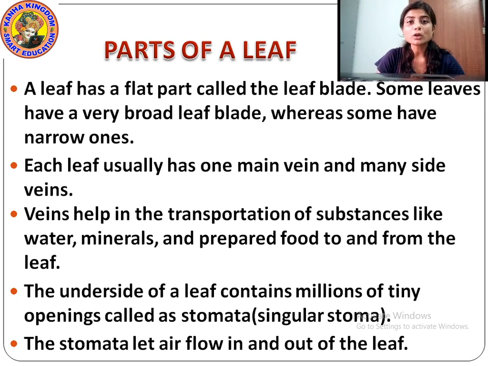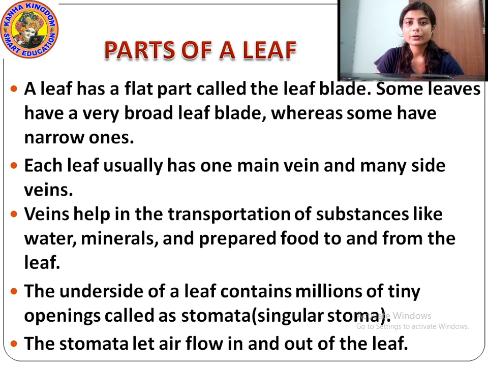Each leaf has one main vein from which the side veins form, okay? And that main vein is also called the midrib, from where the different small veins grow.